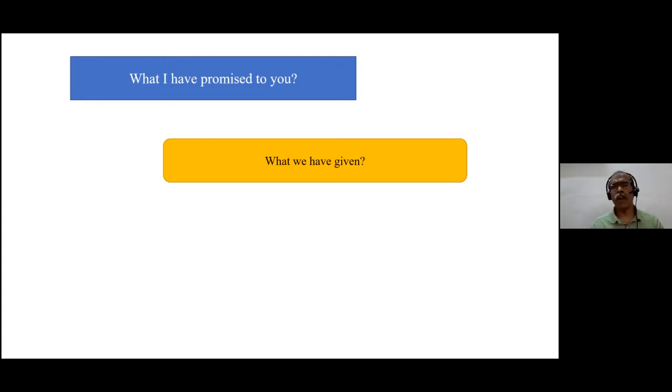Then you may have a lot of queries. You have to discuss the matter with a peer group, with people who know about the research and especially the area in which you are doing research.